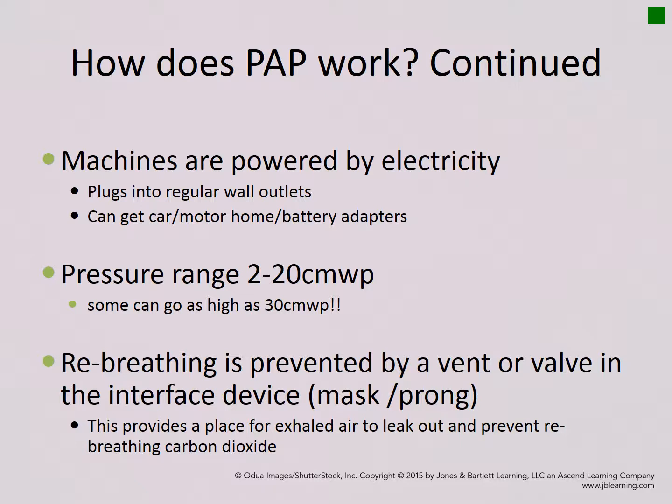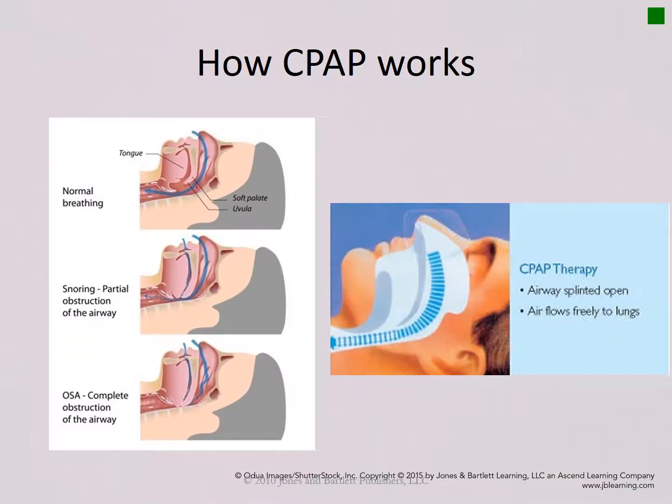No pressure can be leaking out of the device, otherwise it's not going to be effective to treat the sleep apnea. Since the patient is breathing in and out into a small mask or nasal prongs, you need some type of vent so they don't rebreathe their own air and get too much CO2. So usually the vent or valve is built into that interface device, whichever device you use.